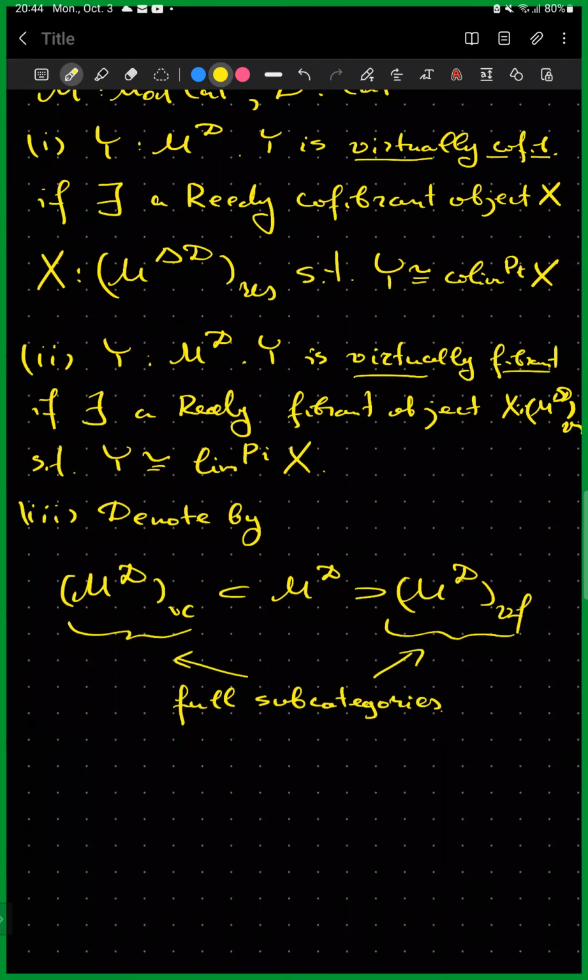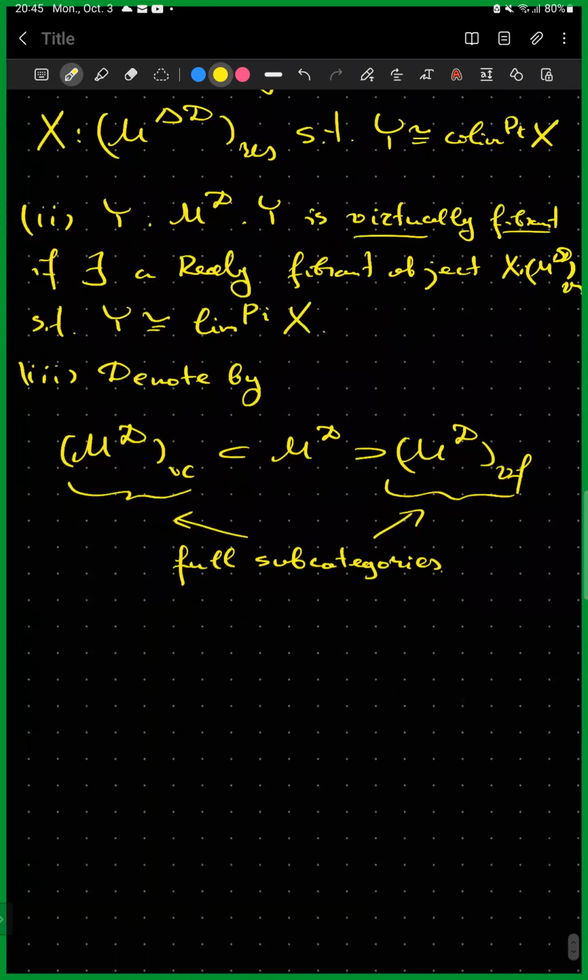So now we can finally prove the proposition that gives us various properties of these subcategories. The main one being that they're deformational retracts of categories of diagrams. So let me briefly recall this deformability result, as we called it then.